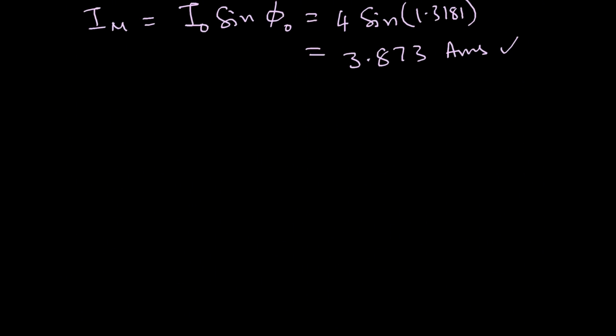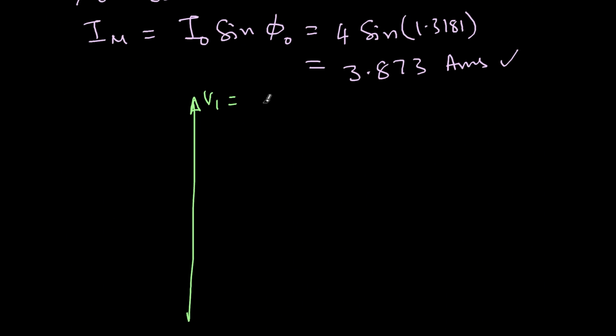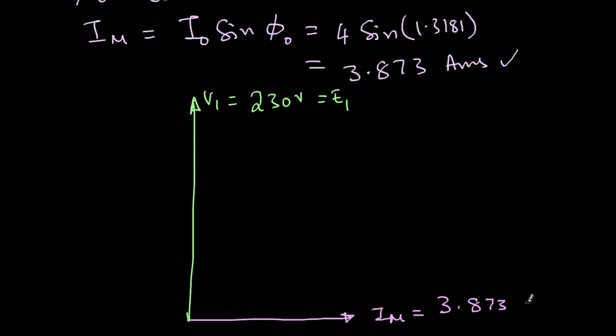Just again for clarity's sake, let's draw the vector diagram. How does the vector diagram look like? This is V1 and the magnitude of V1 is 230 volts, which is also E1. Then I am getting I mu, which is 3.873 amperes, and this is exactly 90 degrees from that of V1. Then I'll get IW, the working component of the current.